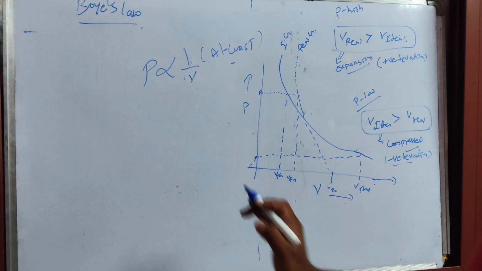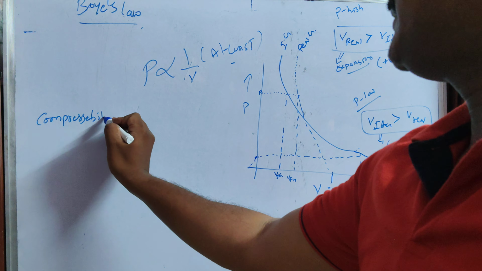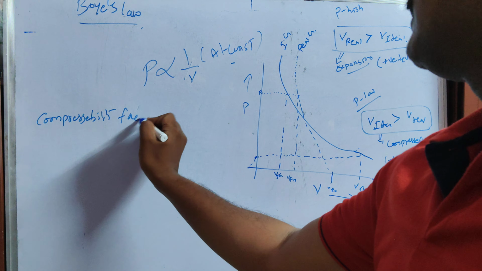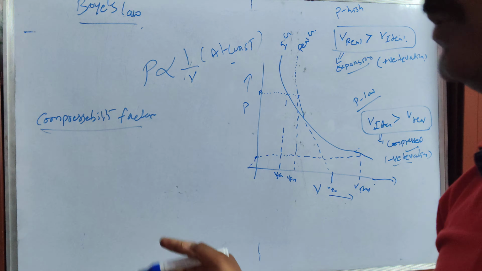Next, we discuss the compressibility factor. What is the compressibility factor? The compressibility factor is denoted with Z. We know the ideal gas equation, PV is equal to nRT.